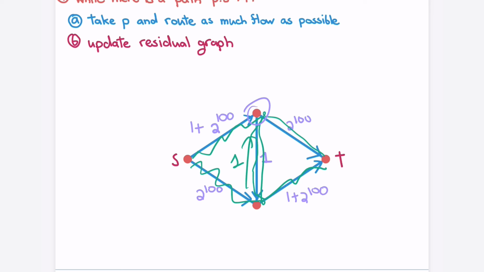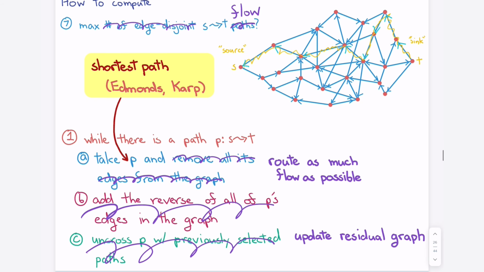Okay. So the innovation we introduced last class by Edmonds and Karp, although it might have already been a heuristic, is let's try to take the shortest path every time. So the only difference from before is we're always going to find the shortest path from S to T, measured in number of edges.